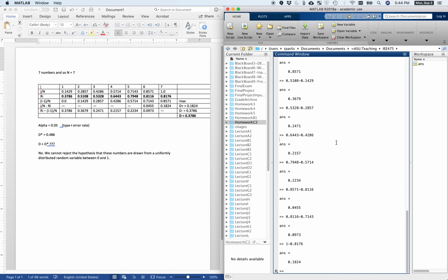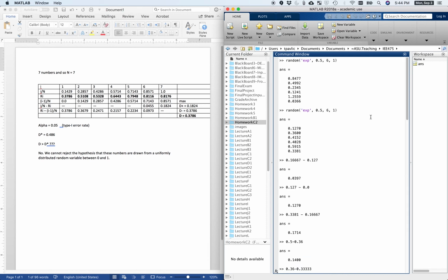As an example, an exponentially distributed random variable will give you numbers greater than 1. Those will be way off the charts in terms of these distances here. So if I were to redo that, eventually I would get a number way larger than it's been, and then it would almost definitely be rejected. But it was just bad luck. Remember, I drew the random numbers from the exponential initially, and I did get one that was greater than 1, and I said, I don't want to do that.